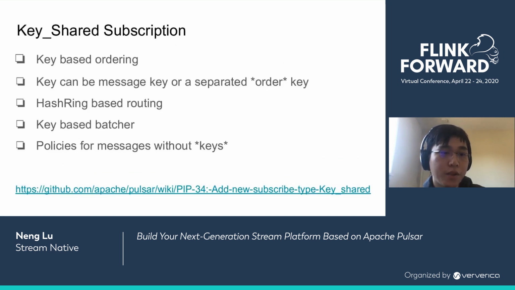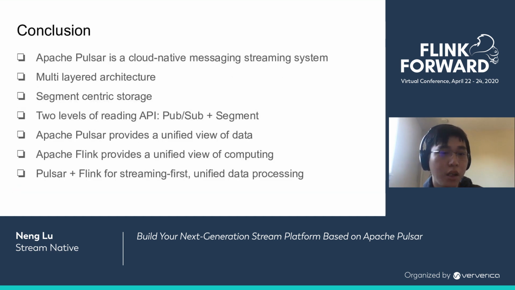It provides key-based ordering, and the key can be either a message key or a separate ordering key, and it batches and has processes for messages without keys, and it's hashing-based routing.